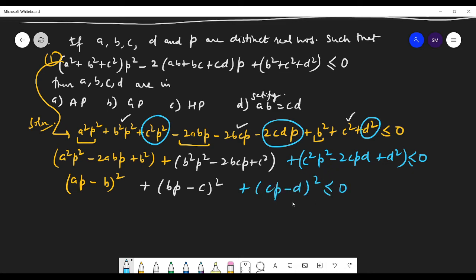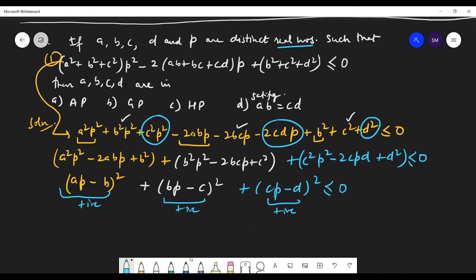So this will be lesser than equals to 0. Sum of squares of real numbers a, b, c, d will definitely be positive, so this will be positive and this will also be positive.